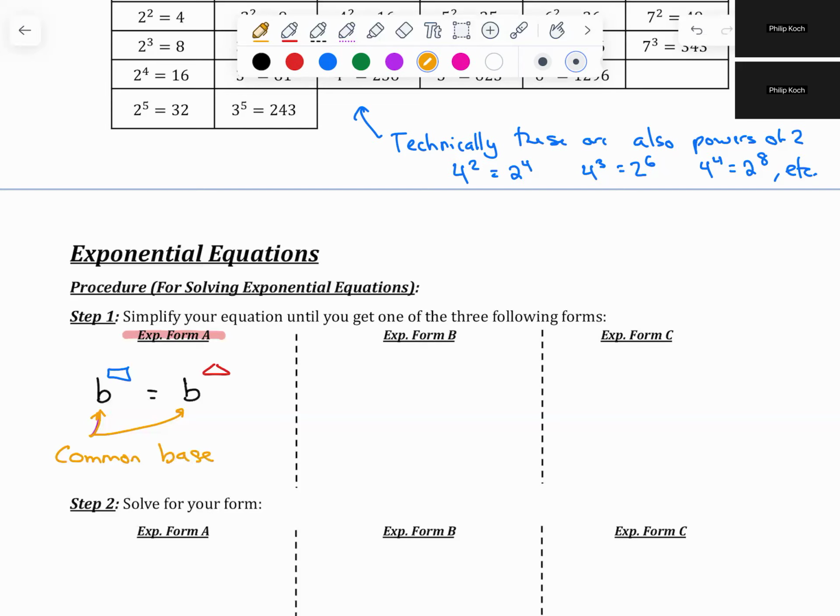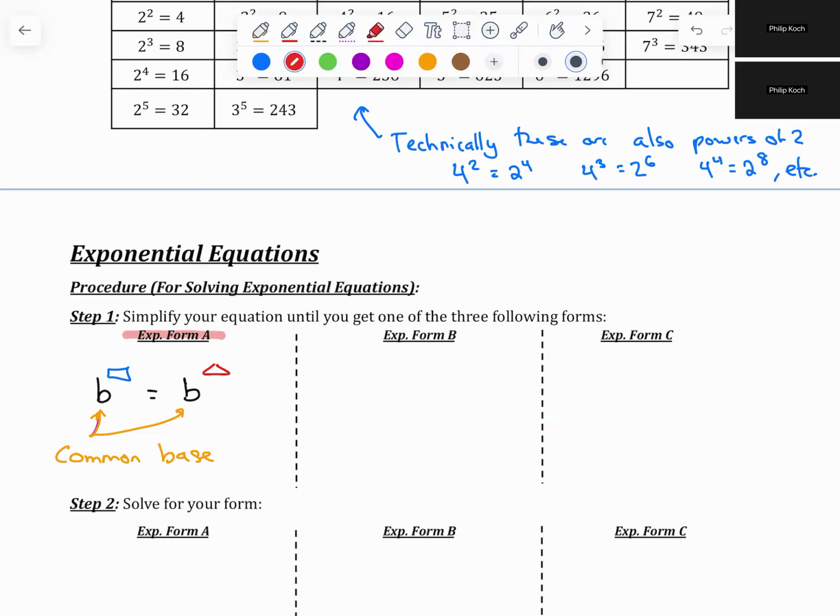Now, sometimes when you get to this format, it might not look like it is in a form A situation, but it is just in disguise. So maybe you get like 3 to the x is equal to 81 to the x minus 4. 81 is a power of 3, so you can reduce it into that format. You'll see a couple examples in a second.